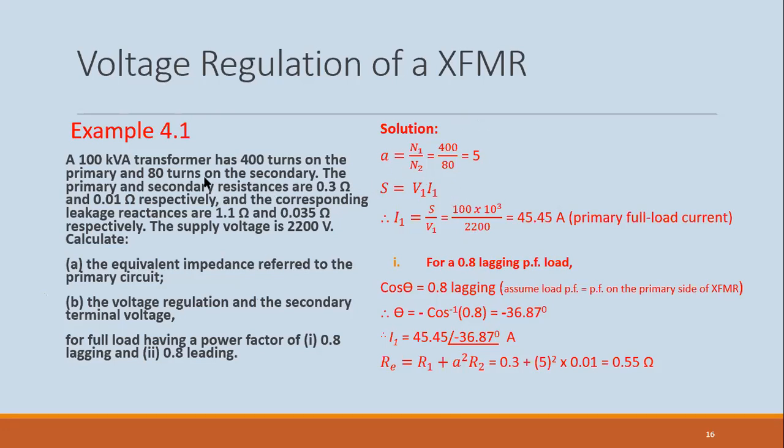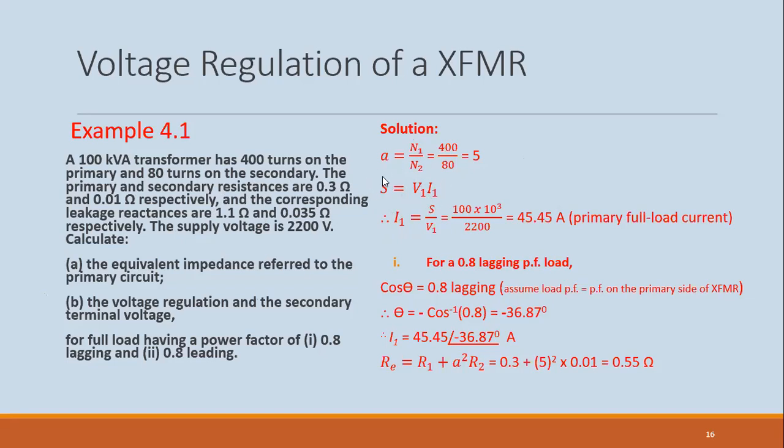Our turns ratio, since we're going to be using it, we need to calculate: N1 over N2, 400 over 80, and that's equal to 5. Since the transformer is delivering full load, and when you do your voltage regulation calculation you want to assess what the transformer is doing at full load, S is equal to V1 I1.